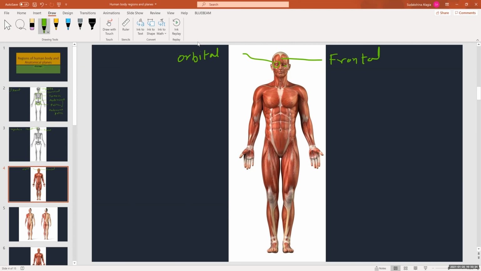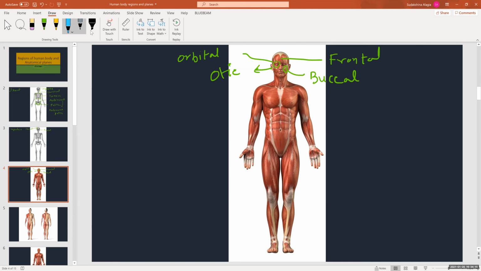The cheek, buccal. The ears, otic. So you say the frontal region, meaning the forehead. The orbital or the ocular region, the eyes. The cheek, the buccal region. The ears are referred to as the otic region.